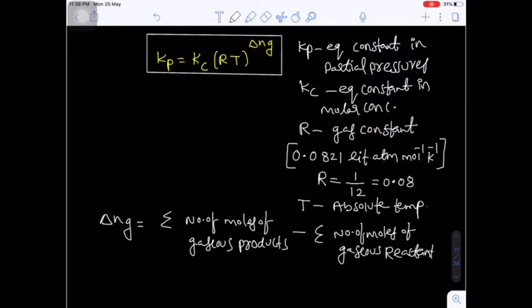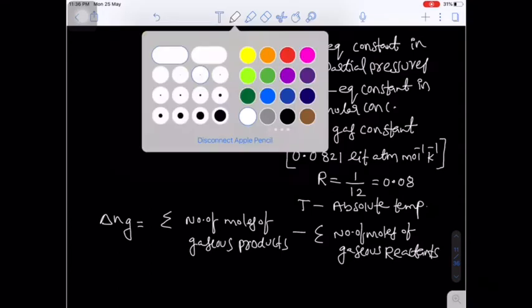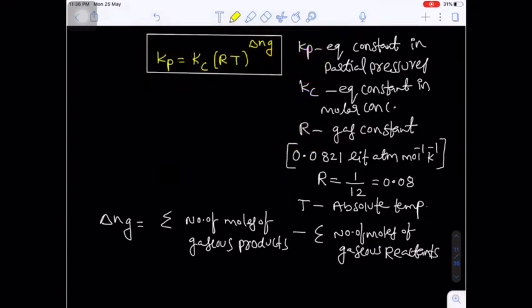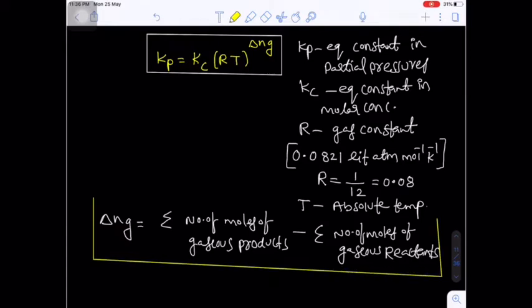This is very important. Delta Ng is the total number of moles of gaseous products minus the total number of moles of gaseous reactants. Okay.